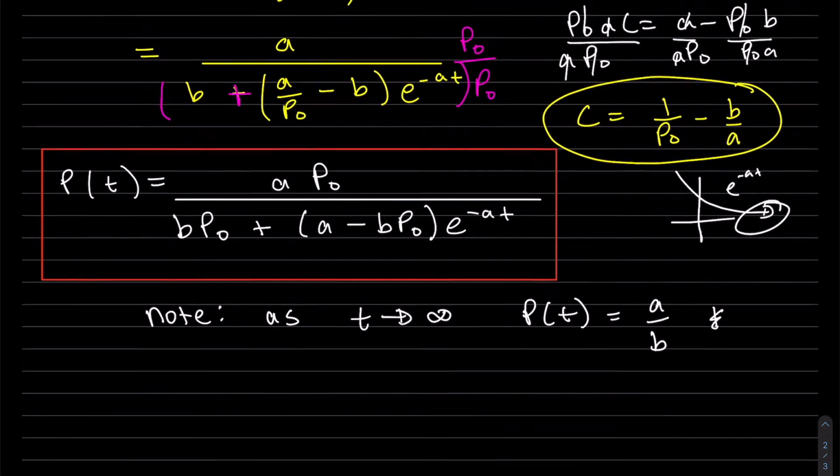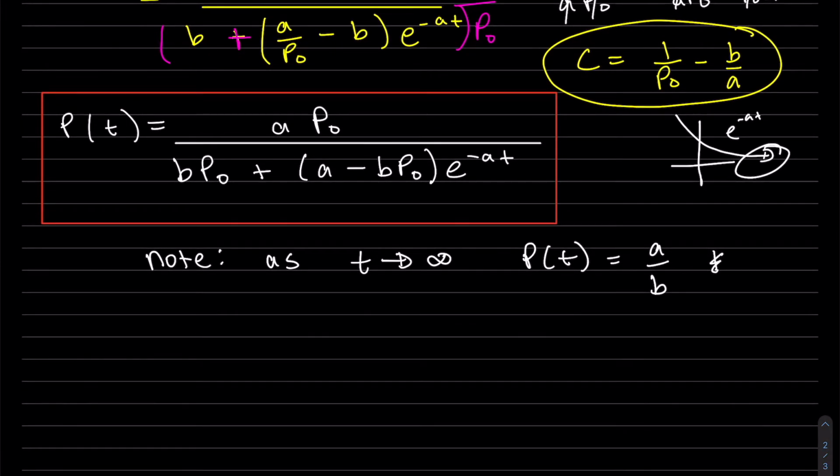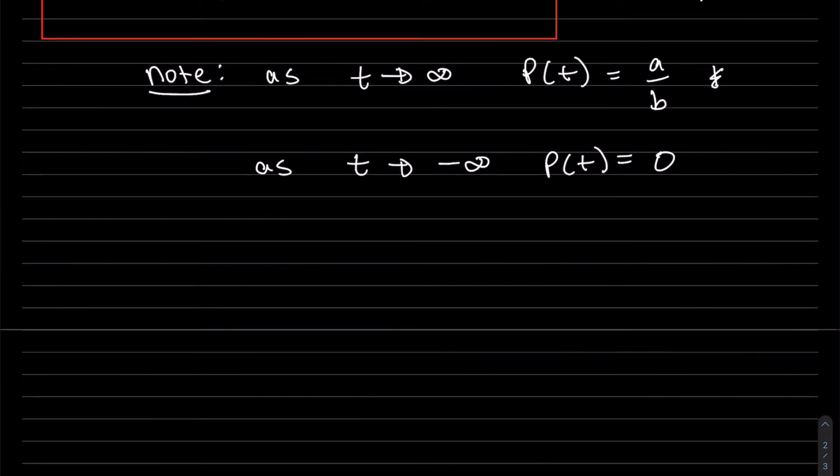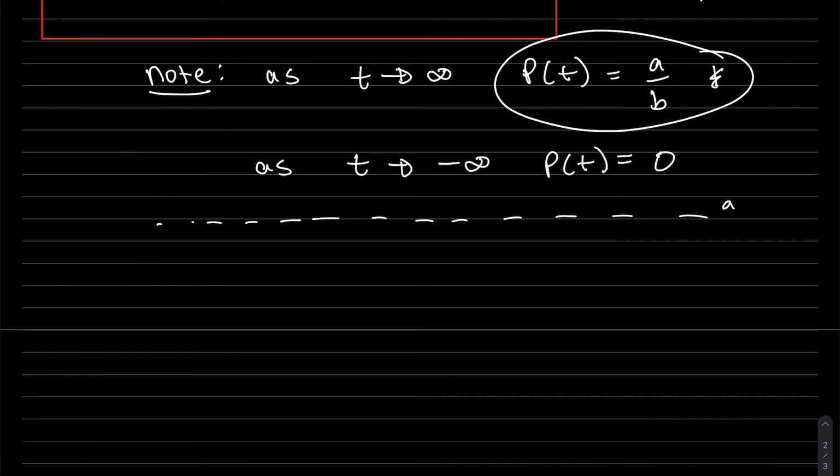And let's look at it going the other way. As t goes to negative infinity, the whole denominator goes to infinity. We can see right here. And so that goes to 0. This is our upper amount.